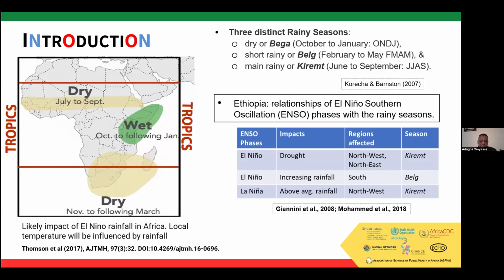Similarly, it results in increased rainfall in the southern part of Ethiopia, especially during the minor rainy season. If you take La Nina, it results in above average rainfall in northwestern Ethiopia during the main rainy season. Next slide, please.